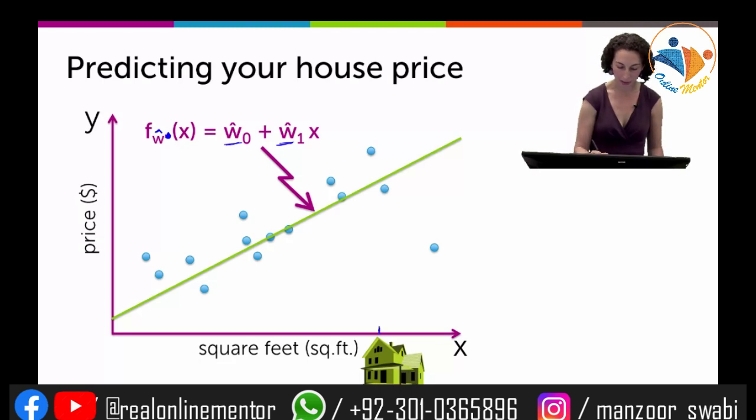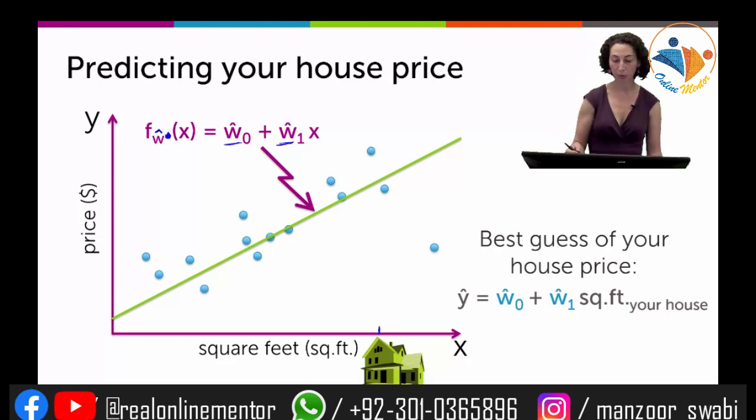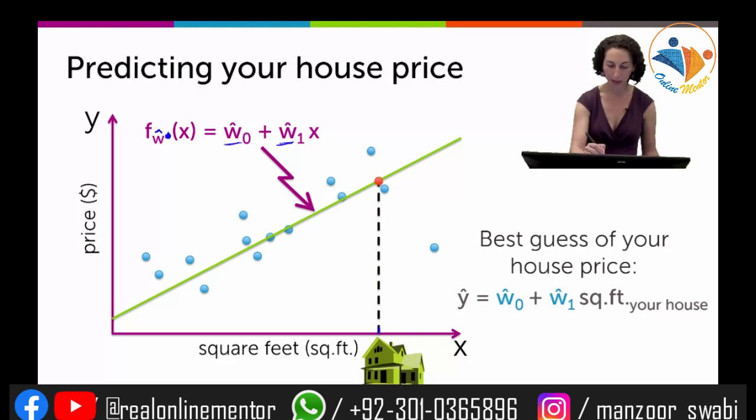And now here's my house. This is its square footage. And the best guess of my house price is simply what the line predicts. So I compute the value for this square footage of my house, which is W0 hat plus W1 hat times the square footage of my house. Okay, very, very straightforward.